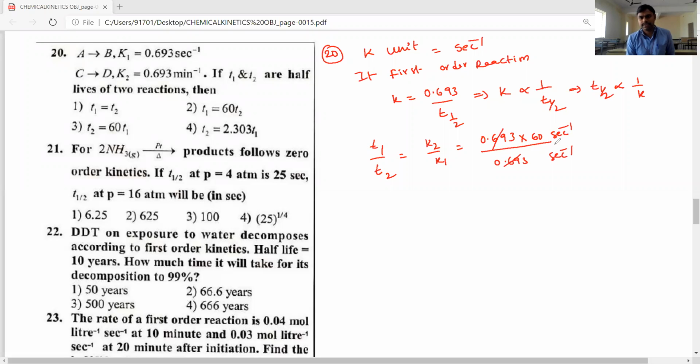Then the 0.693 will cancel. T1 by T2 is equal to 60, so T1 is equal to 60 into T2. So the answer is the second option.